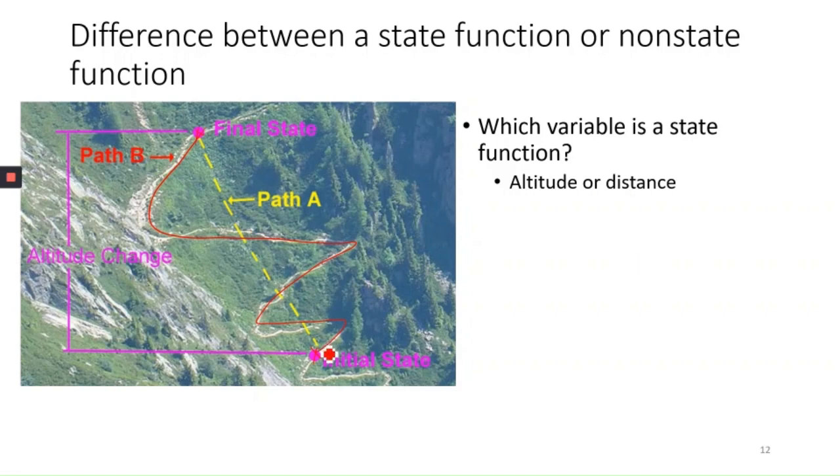Well, what if you decided you were going to be crazy and not take the path and climb straight up like this, okay? Your distance would be different depending on the path. So path A and path B have different distances. So distance is not a state function.